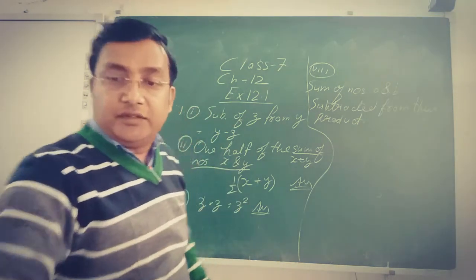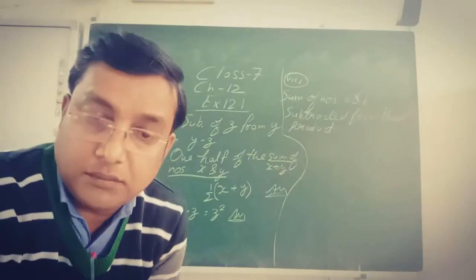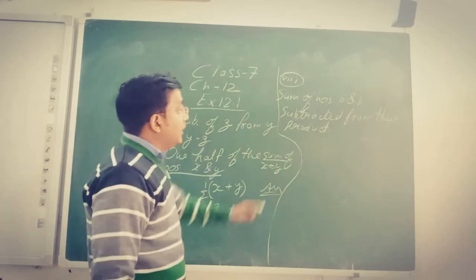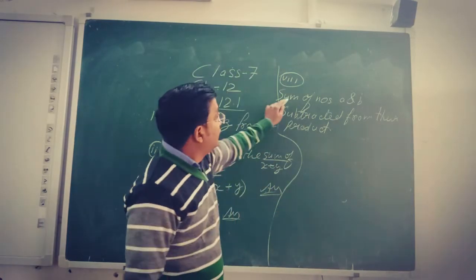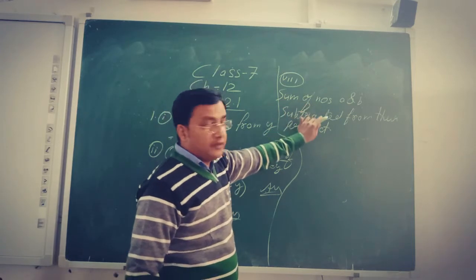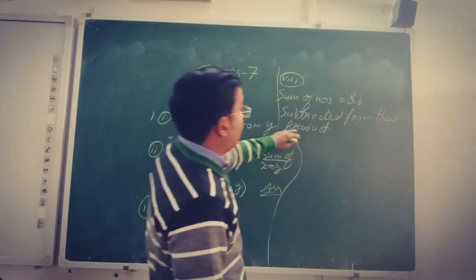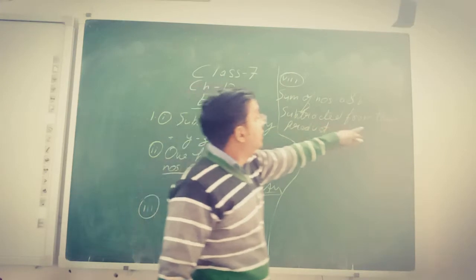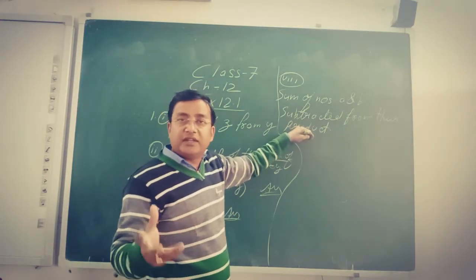Now when you see this, subtract sum of numbers a plus b. Now let us start from the end. It is given their product. Product means multiplication of something. What is that something?